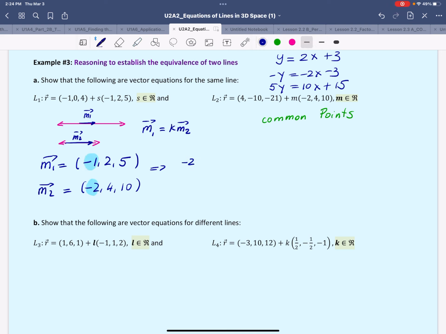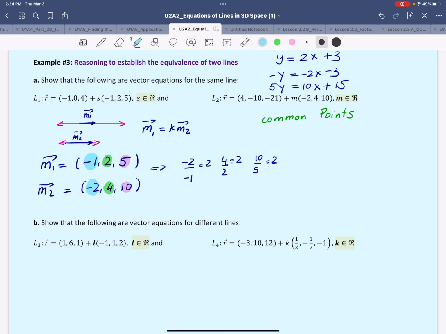So you have negative 2 over negative 1 for the x coordinates, which equals 2. For the y coordinates, we have 4 and 2, so 4 divided by 2 again is 2. And for the last coordinate z, we have 10 and 5, so 10 over 5 equals 2.